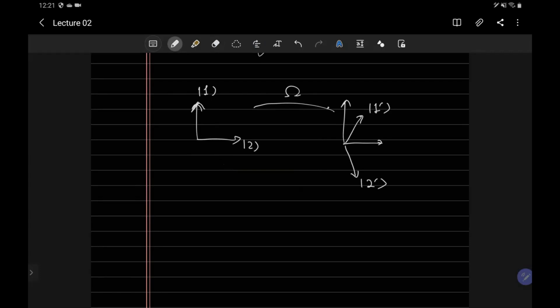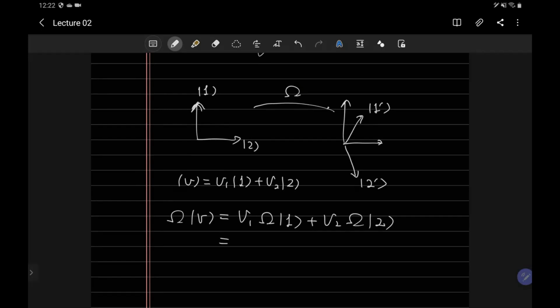Whenever we have an input vector, which is the summation of v1 times basis 1 plus v2 times basis 2, it can always be written as a linear combination of these two basis vectors. From the linear property of the operator, omega v will be v1 omega 1 plus v2 omega 2.